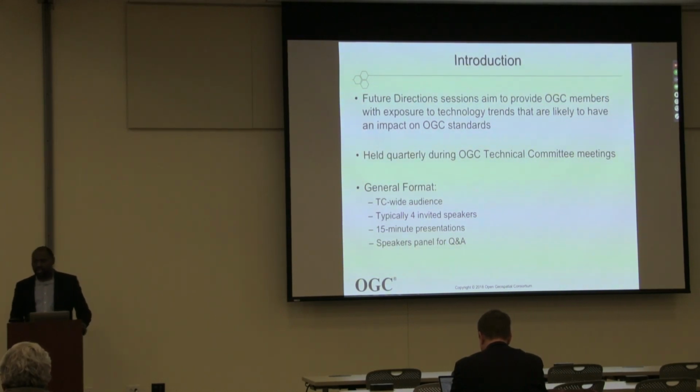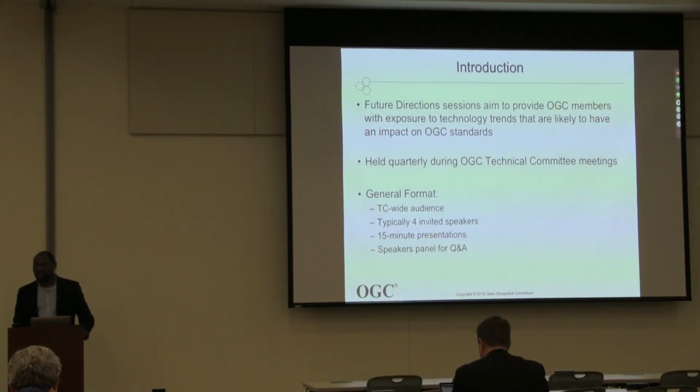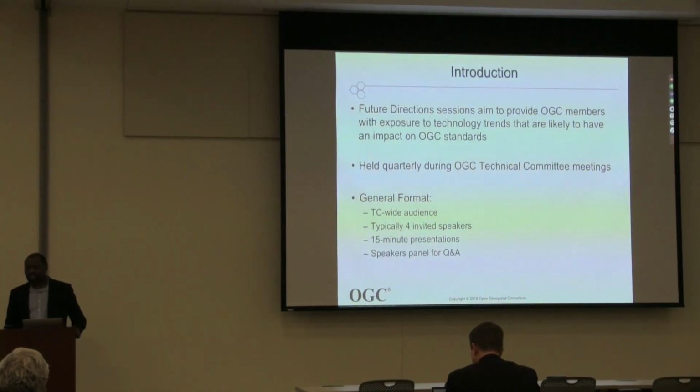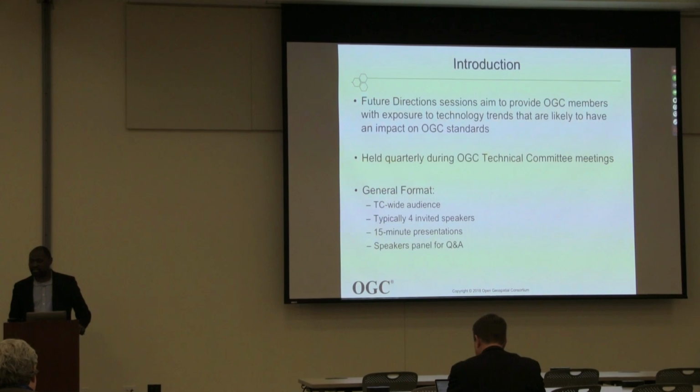The session aims to provide OGC members with exposure to ripe and near-ripe technologies that have been identified by the OGC Technology Trends activity, as well as other initiatives within the OGC. Those technologies are discussed with the OAB and effectively used as the basis for planning Future Directions sessions.